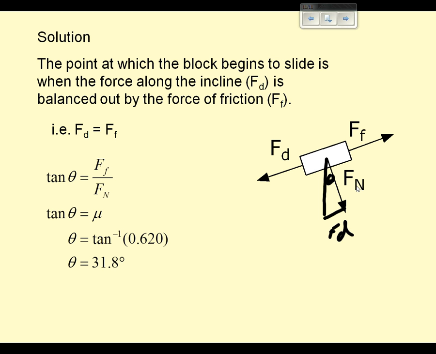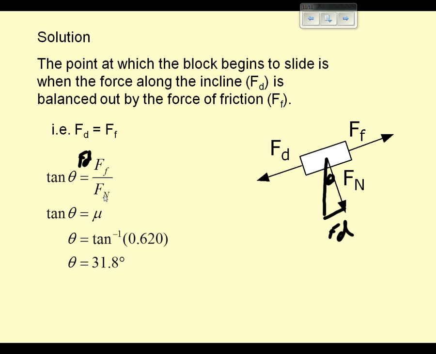But Fd and Ff are the same, right? So by looking here, I've got tan theta is Fd over Fn, but because Fd and Ff are the same, tan theta is Ff over Fn.